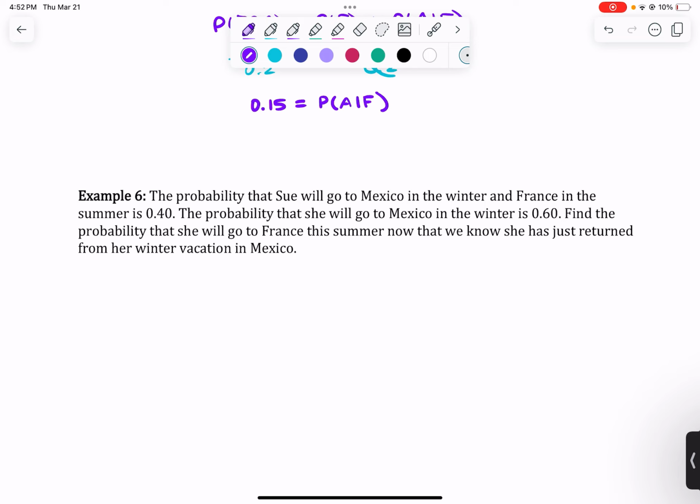Even though the words "given that," "such that" or "knowing that" aren't necessarily in there, I understand it's conditional because I know something has taken place, so I want to know the probability of the next thing now happening as well.